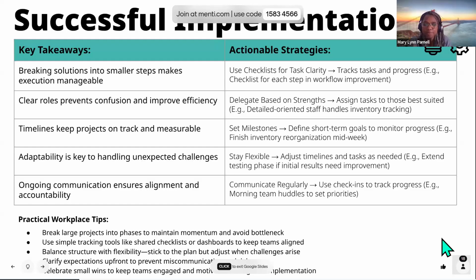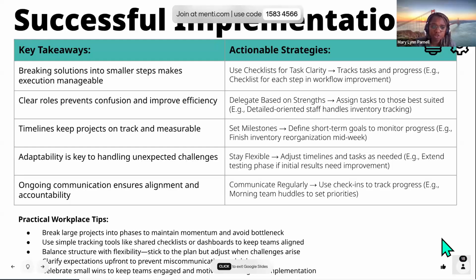It's a skill of flexibility. For example, if you need to extend the testing phase, if initial results need improvement, or we need to stop and actually reconfigure, what does that look like? That flexibility allows us to handle unexpected challenges and actually rework and do our best work.